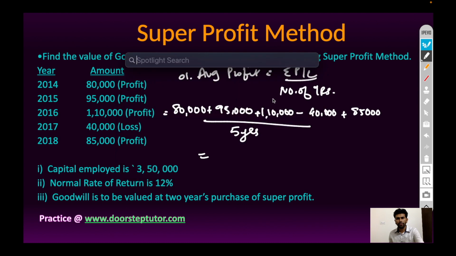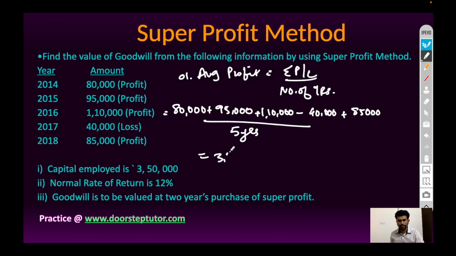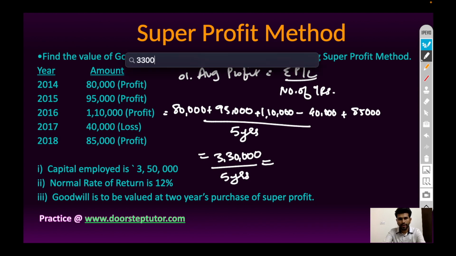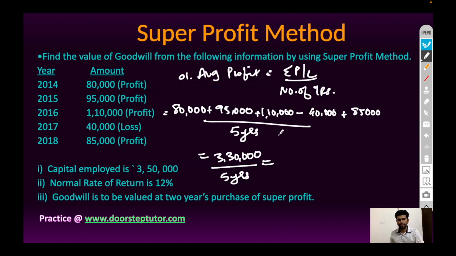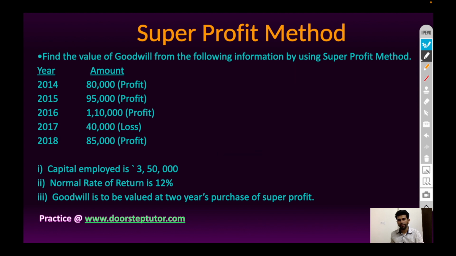Total is 3,30,000 divided by 5 years. 3,30,000 divided by 5 years is 66,000. So average profit is 66,000. Now we will calculate normal profit by multiplying capital employed with normal rate of return. Average profit is 66,000.